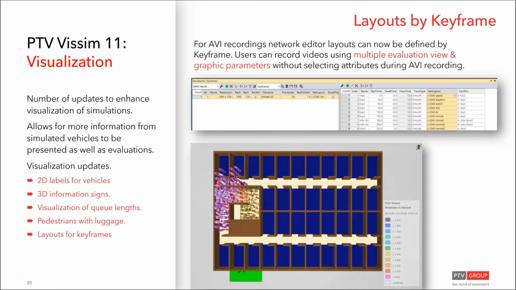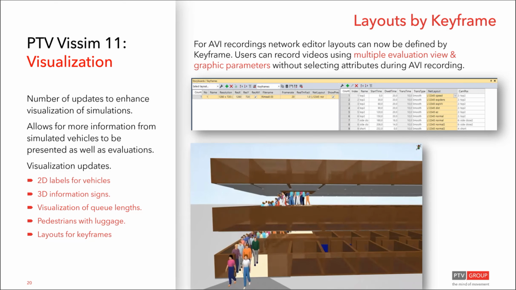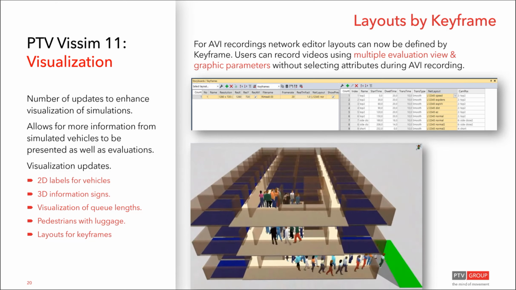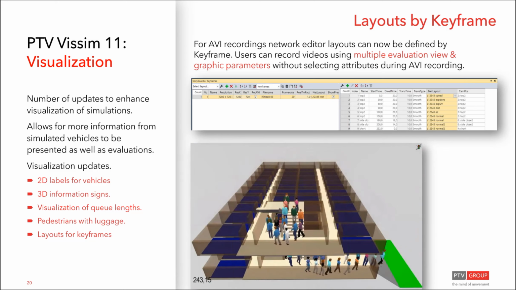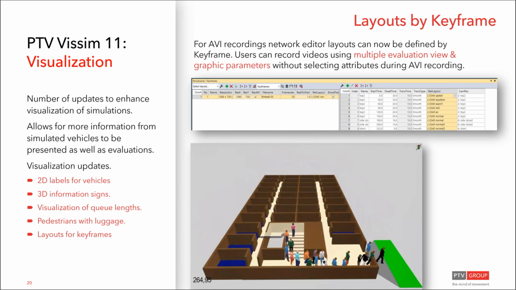So we're allowed to set up all of our different keyframes within the model. We have our start time, our dwell time, and then actually adding our network layout as well. So presenting all of that different evaluation and having the control to actually define all of the different views and all of the different keyframes and network layouts, and just having those cycle through as we create our AVI recording.